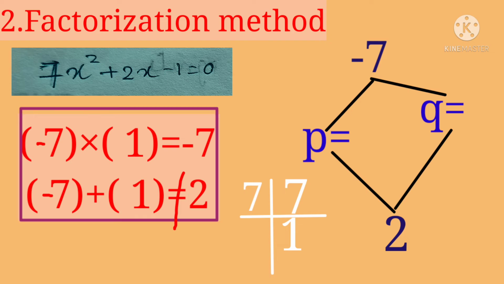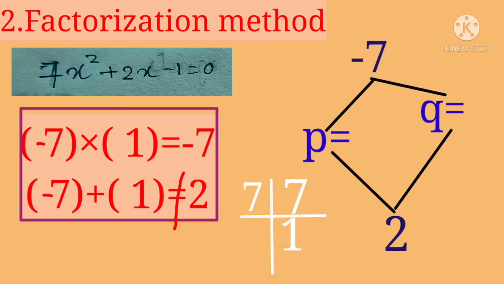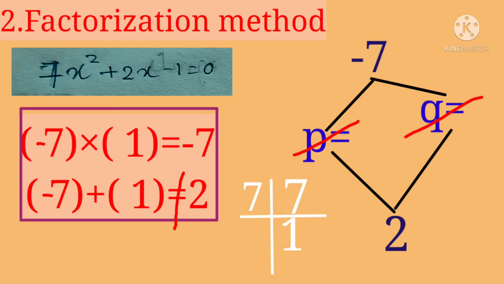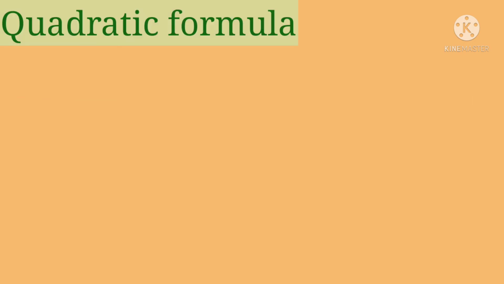But at the lower triangle we need to get 2, that is P plus Q or P minus Q, we need to get 2. But we are not getting the satisfying answer. So this factorization method that we have followed has failed. So we need to use the quadratic formula, that is the third method to solve the quadratic equation. Let's move to the quadratic formula.